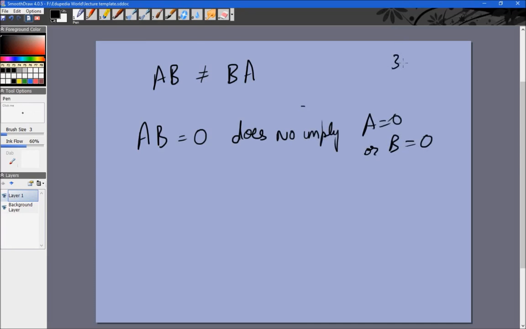If you have 3x is equal to 0, you know that x is 0. If you have xy is 0, you know that either x or y is 0. Doesn't work the same way with matrices. This does not imply A is equal to 0 or B is equal to 0, or even BA is equal to 0.